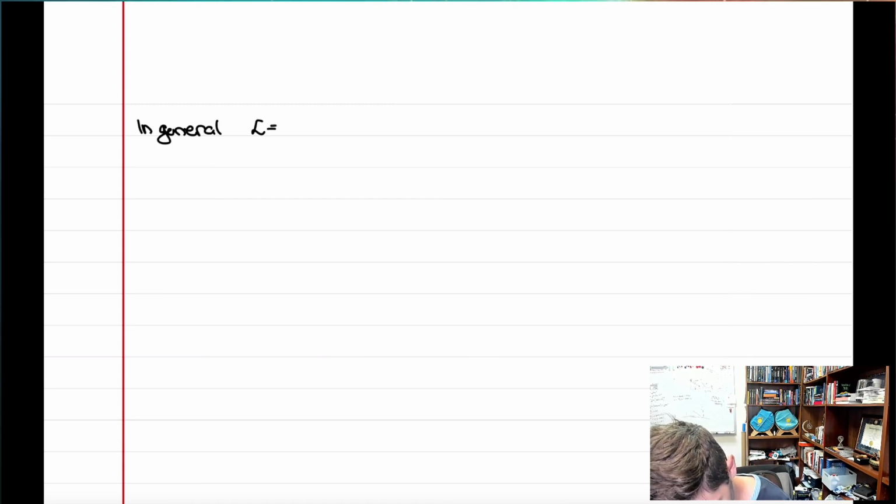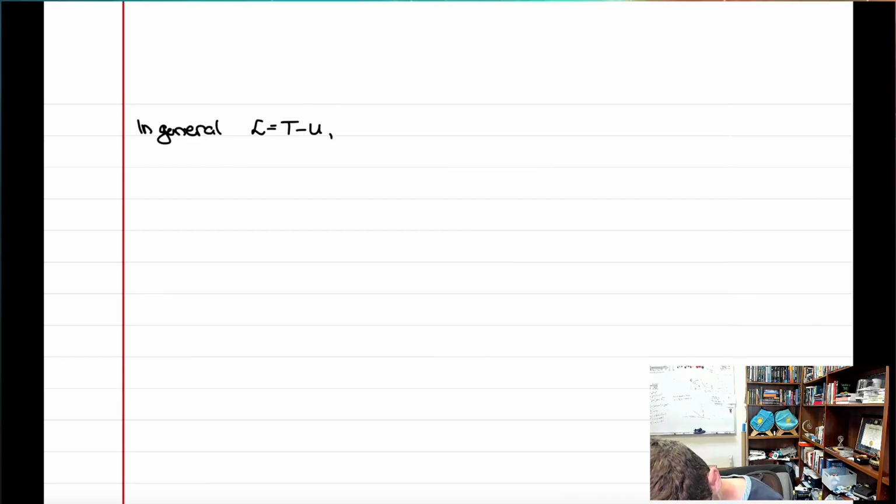In Cartesian coordinates, it's actually easy to show that they are absolutely equivalent. So let's write down, in general, that I have some Lagrangian L, which is T minus U, and it is some function of x, y, z, x dot, y dot, z dot.